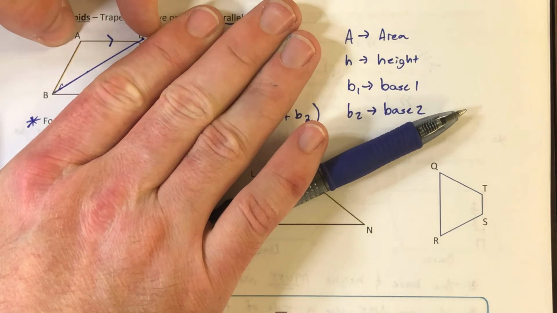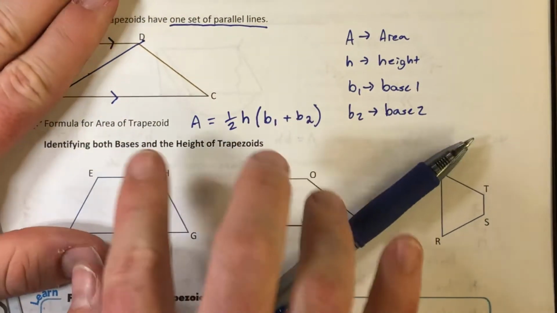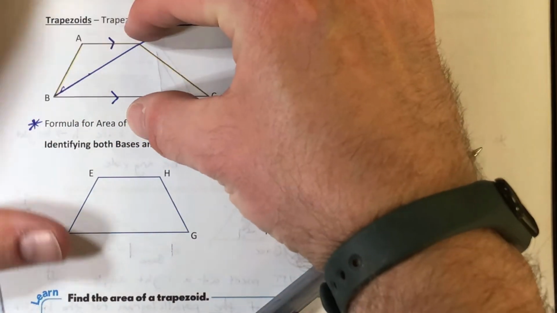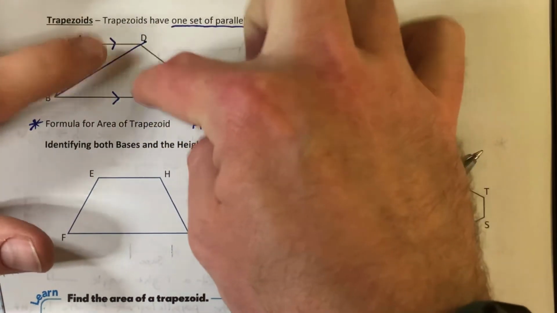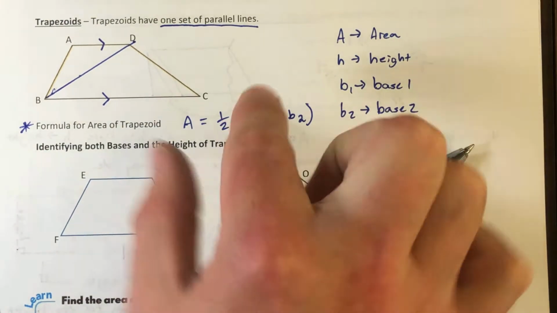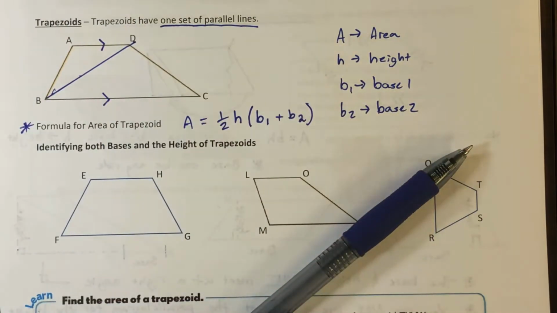Line AD would be the base, which is kind of small. Compared to this triangle, this base is much bigger, but it has the same height as the other triangle. So these two triangles have the same height, so that's why we only have one H. But I have one big base and one small base.